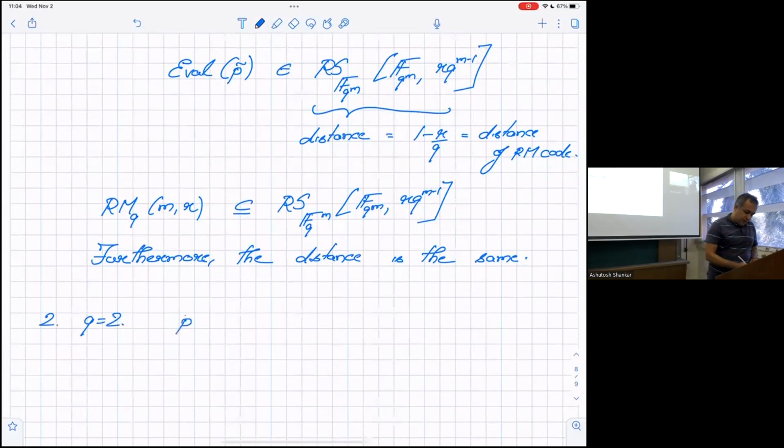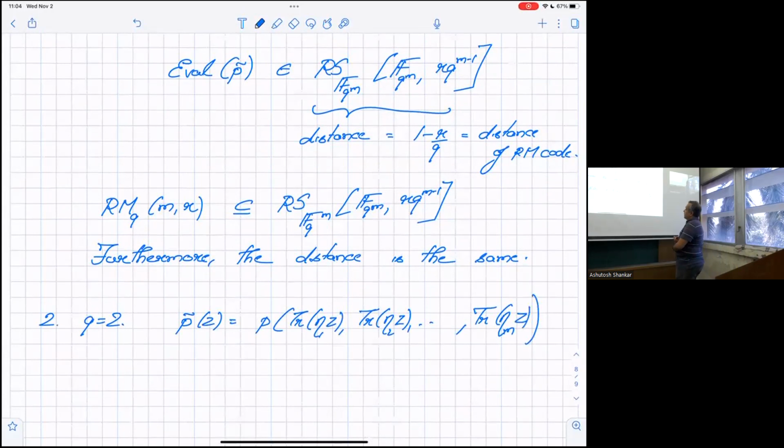Once again, P tilde of Z was P of trace(eta_1 Z), trace(eta_2 Z), ..., trace(eta_m Z). So here, of course, the polynomial in this case is going to shoot larger.